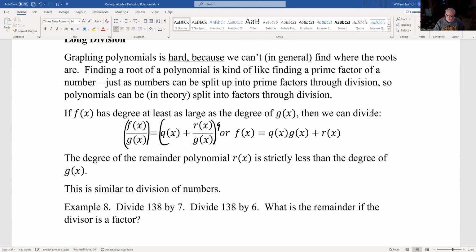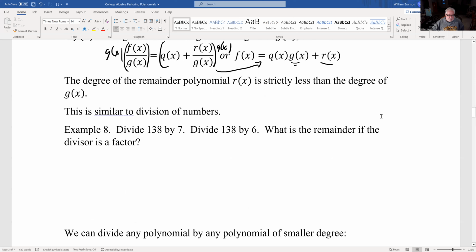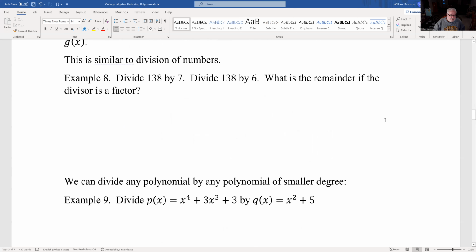And the degree of the remainder is strictly less than the degree of what you're dividing by. And this is really similar to the division of numbers.